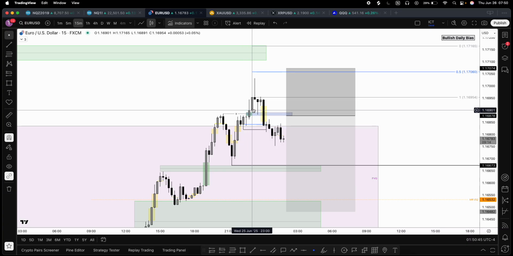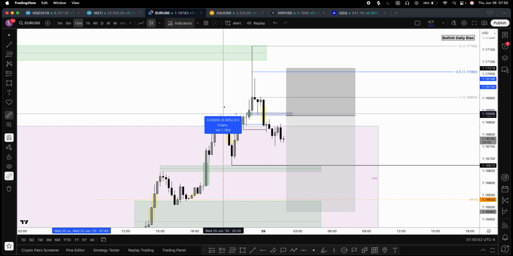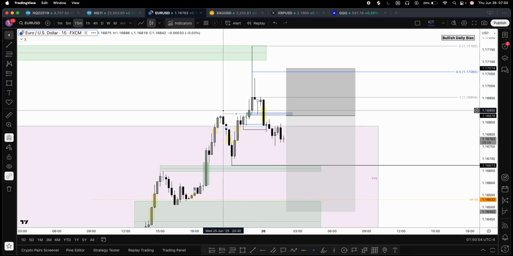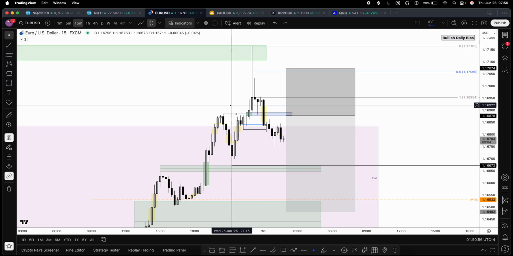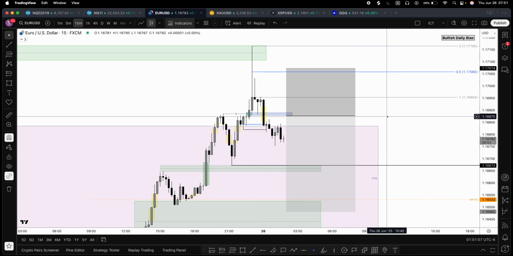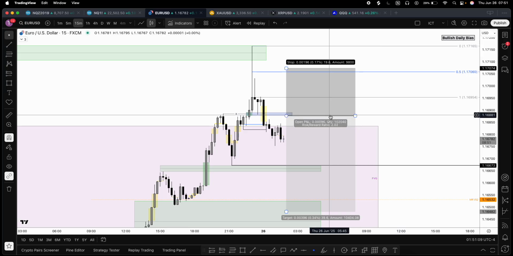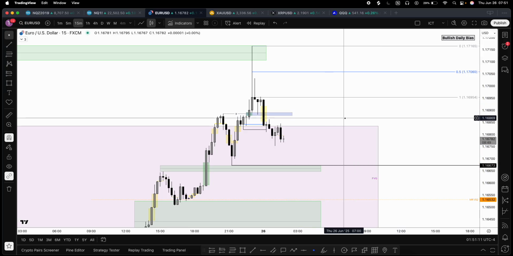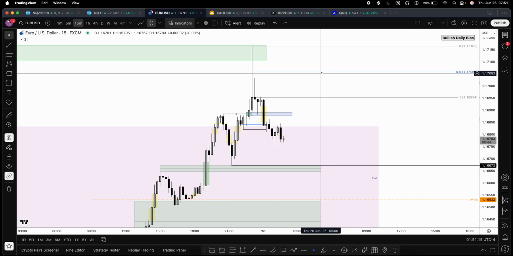It's not very prominent, and price swept this high by so much. Generally you want a pretty shallow sweep and reversal, because that shows more of a rejection. Like price didn't want to go much higher and it wants to reverse. So there's that.